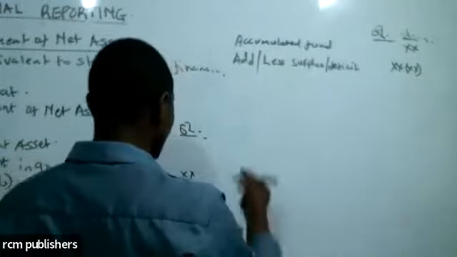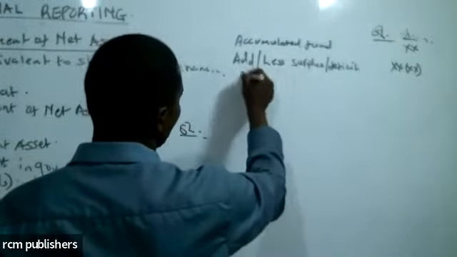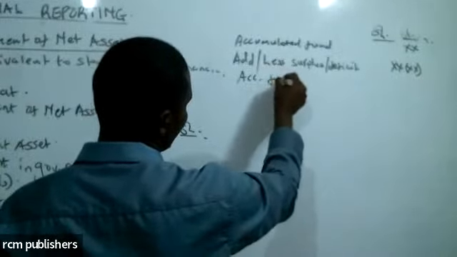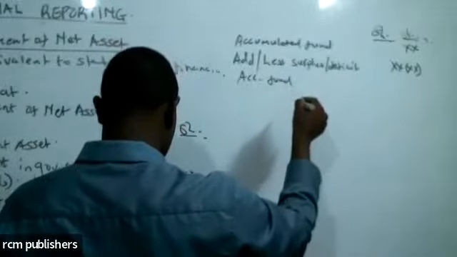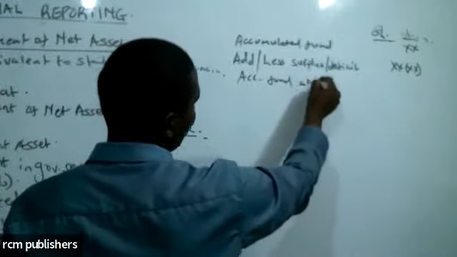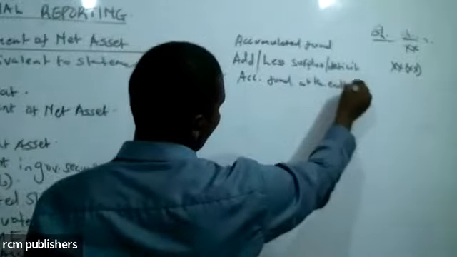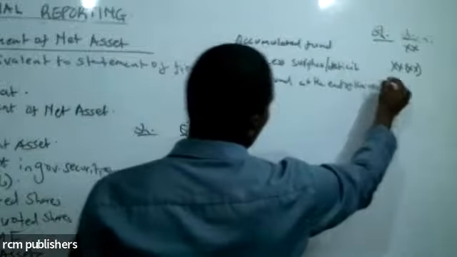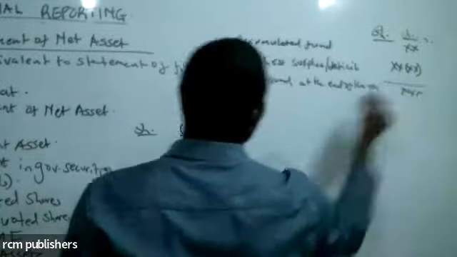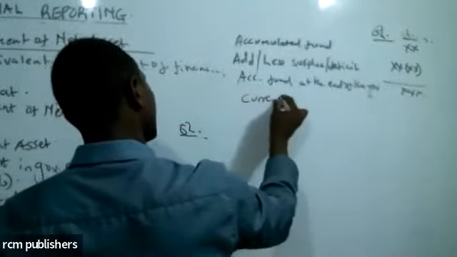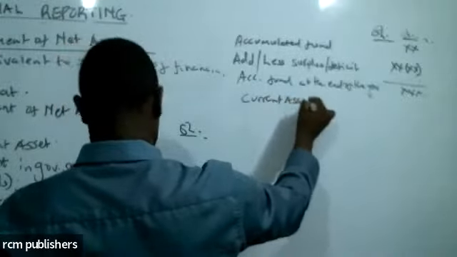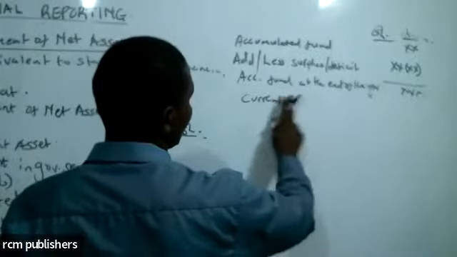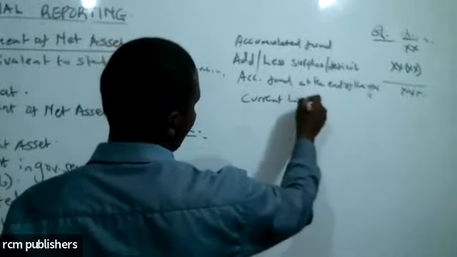Accumulated fund at the end of the year, brought down. Then the total. Then current liabilities, not assets but liabilities.